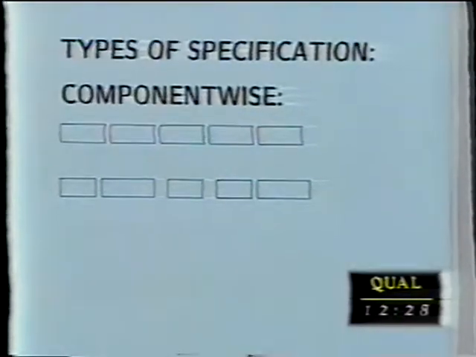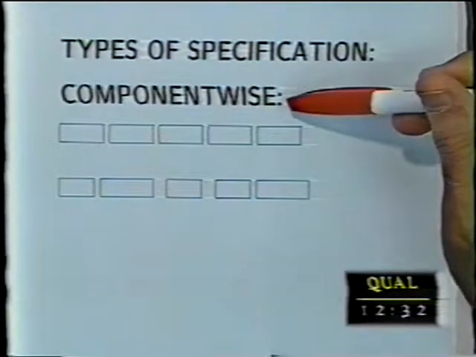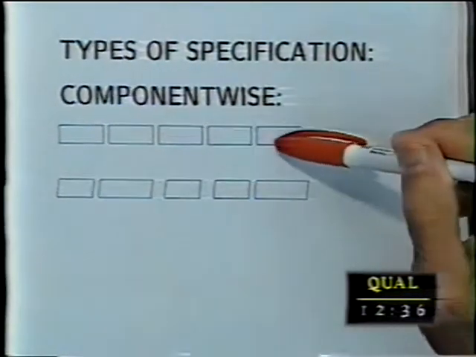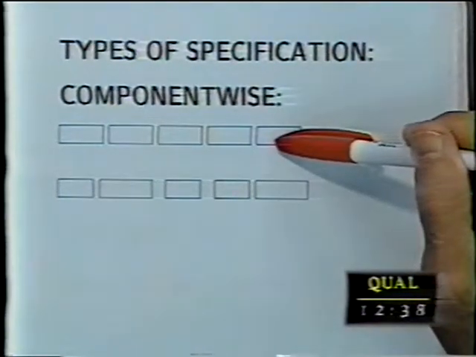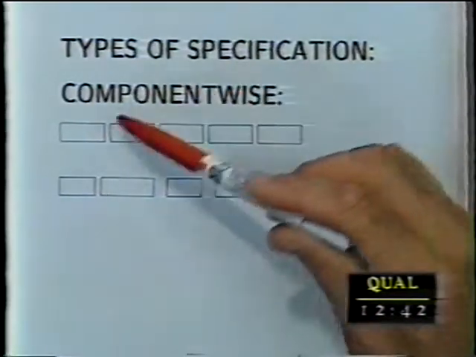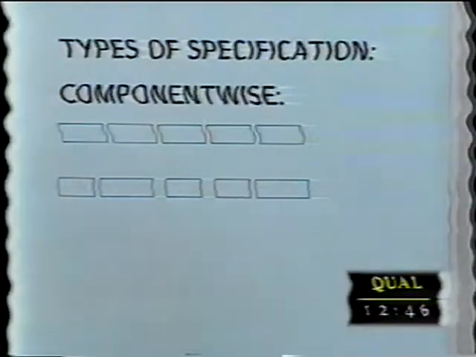Now I want to talk about two kinds of this control stuff. Component-wise, where each piece has a specification. Okay? There's a specification given to each piece. And when you buy your parts, you make sure your pieces are within spec. And there's some variability to the spec.